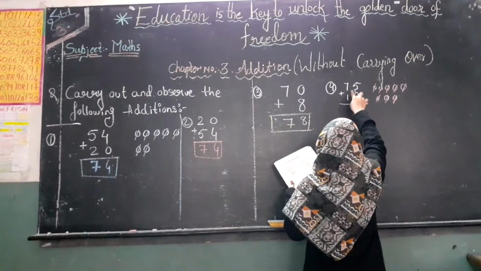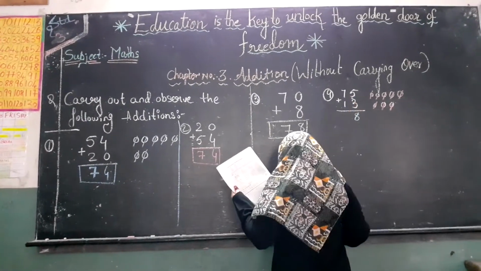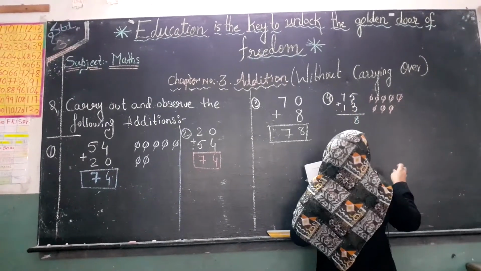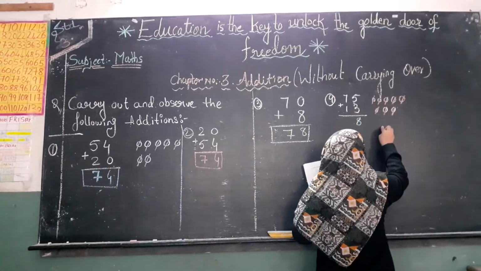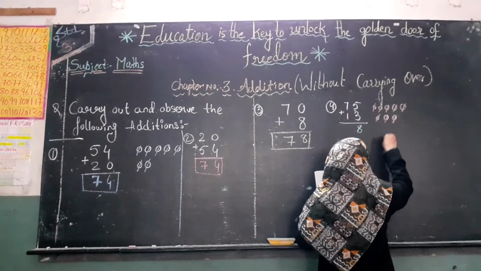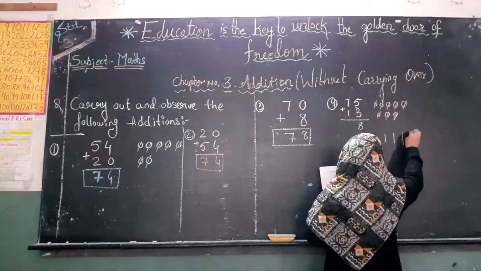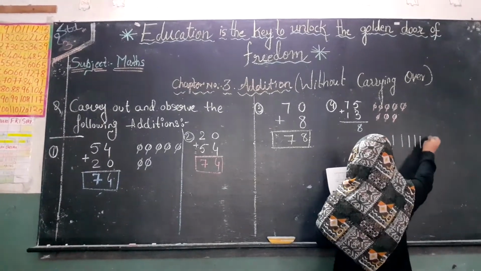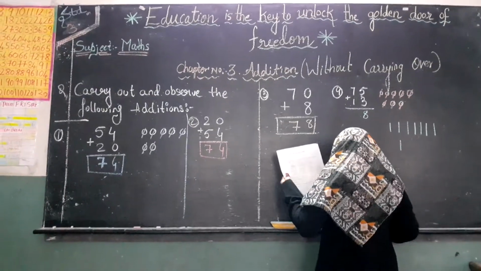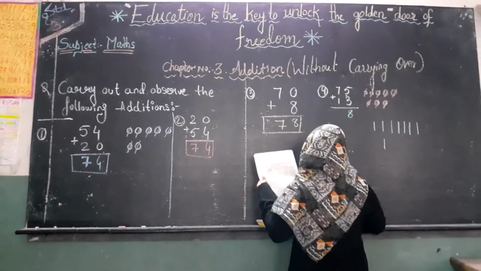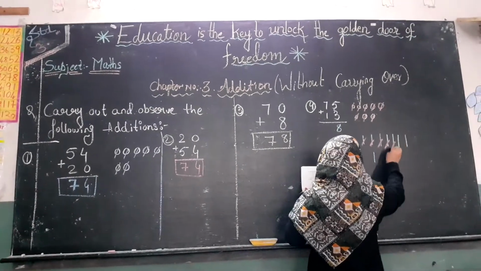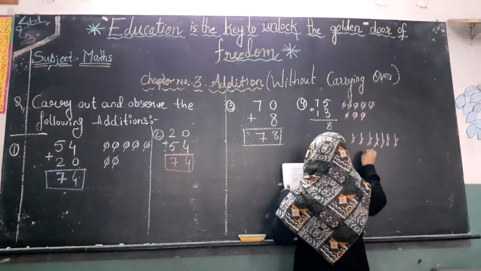Now we have to add 7 plus 1. Okay. Now we will draw lines. First we will draw 7 lines: 1, 2, 3, 4, 5, 6, 7. Then 1. So we will add all these: 1, 2, 3, 4, 5, 6, 7, 8.